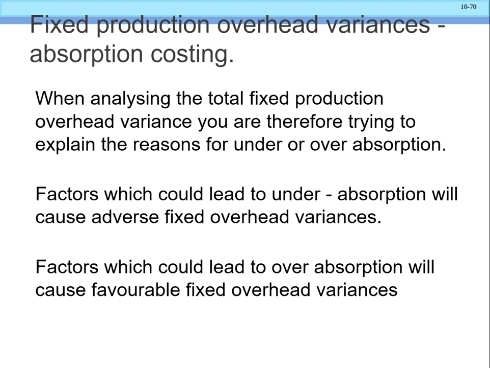As you recall from our topic on overheads, under absorption is taken as an expense, so that's why the variance is going to be unfavorable. Over absorption, we said we take as an income, so that's why the variance that comes from it is a favorable variance.